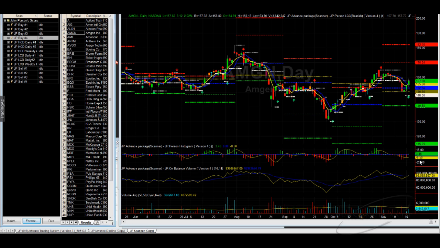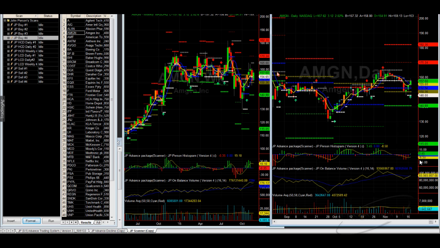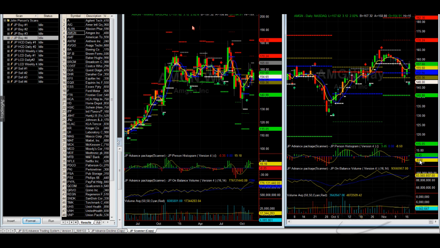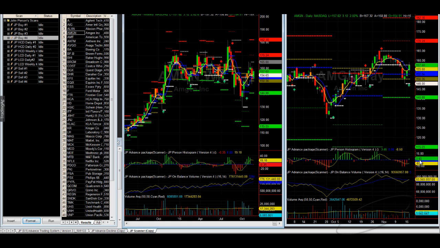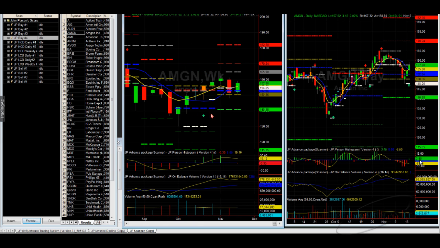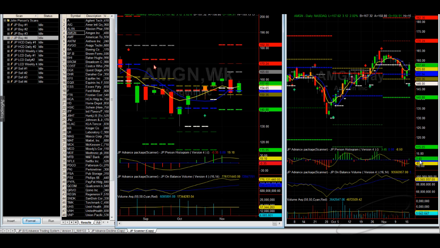I'd like to share with you the concept that I was getting to. If you're a long-term trader, sometimes we get a weekly buy signal. So here's the buy signal right there. This is a weekly chart on Amgen. You get a weekly buy signal, the market goes up, and then it has maybe a little pullback, right? Sometimes people look at the market, chase it to get long, the market pulls back, and then they get out.